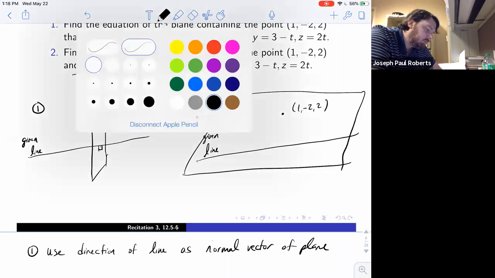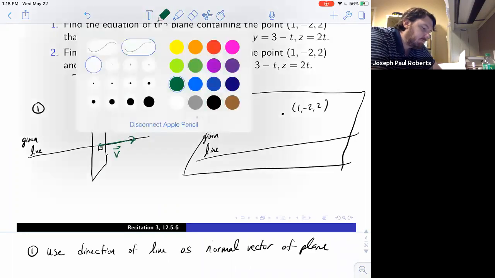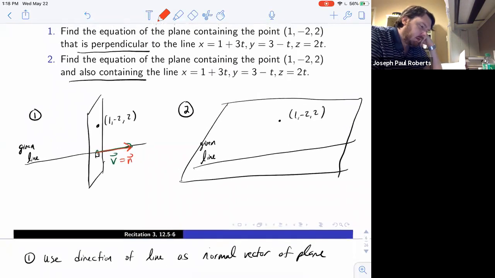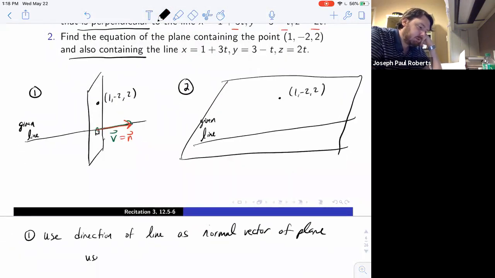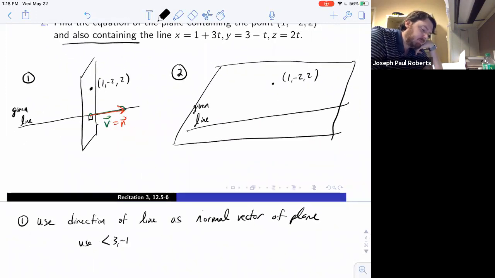Because whatever direction v points along the line is perpendicular to the plane that we want, so we can just use the same vector as the normal vector for the plane. Okay, and so we look at the coefficients of t to see that we should use 3, -1, 2 as the normal vector.